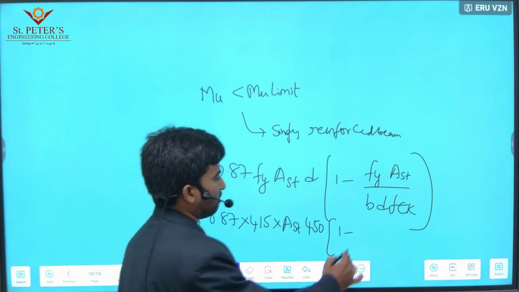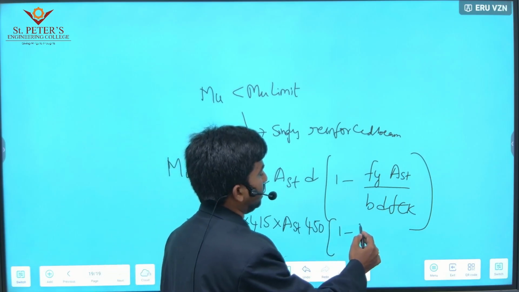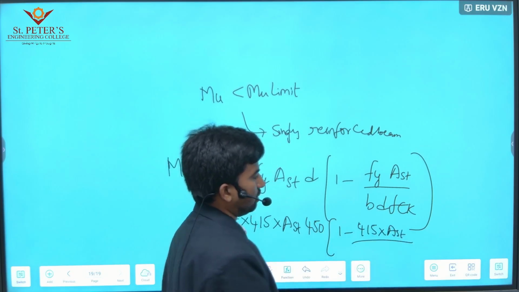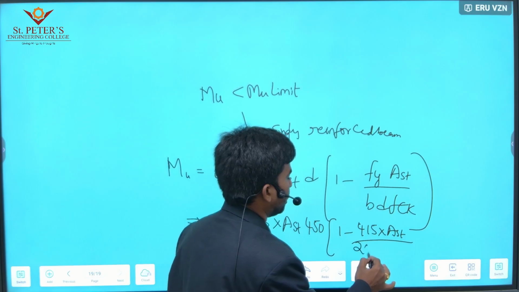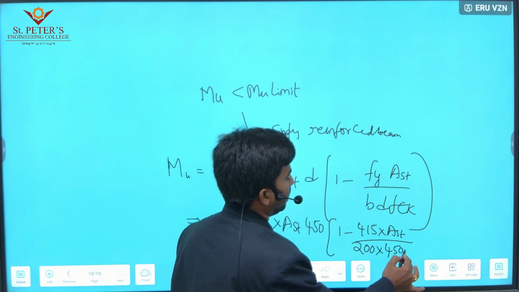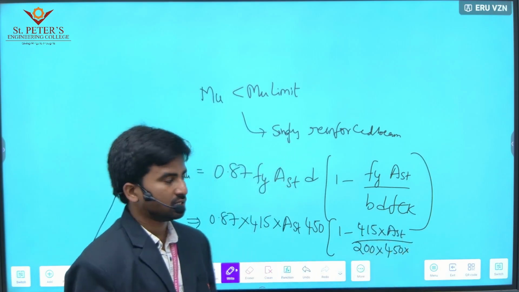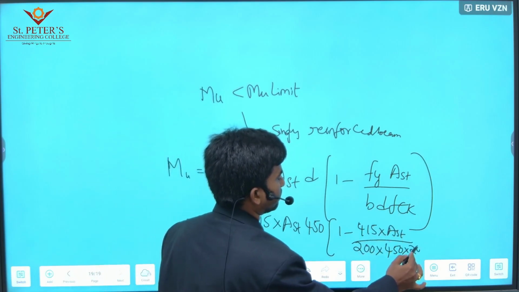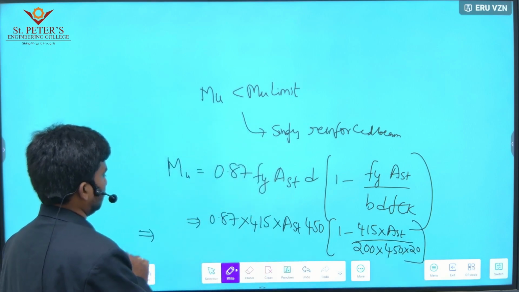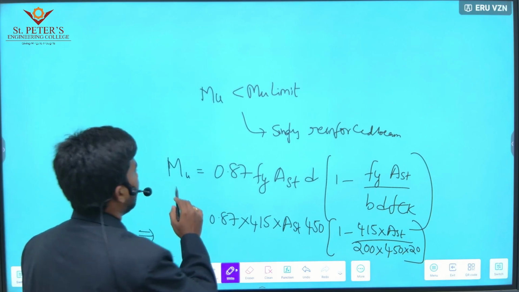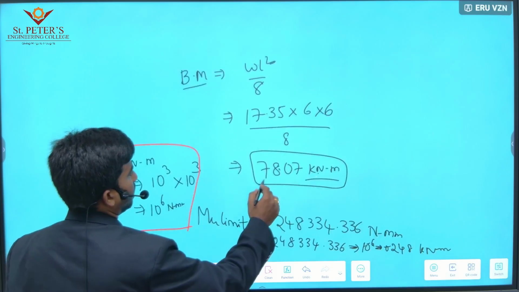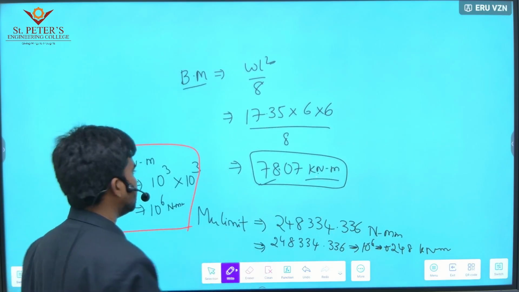Then 1 minus fy, which is 415, Ast divided by breadth of beam 200 and depth of beam 450 and characteristic compressive strength 20. We take Mu less than Mu limit, so Mu is 78.07.